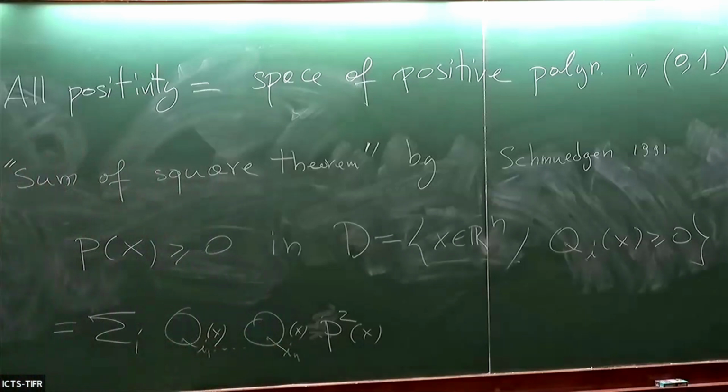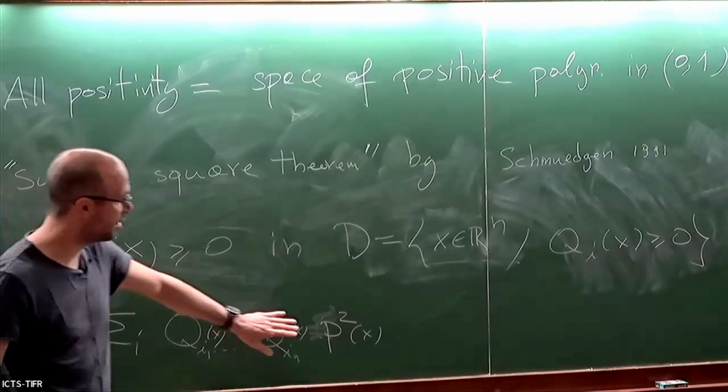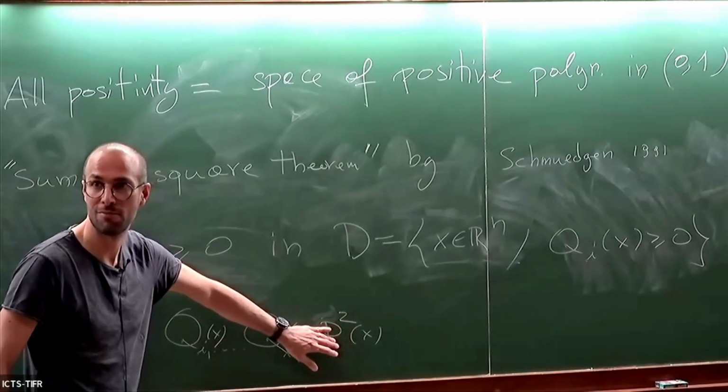It sounds a little bit obscure, perhaps. I'm just saying, a positive polynomial is certainly given by a square of a polynomial. Trivial case.